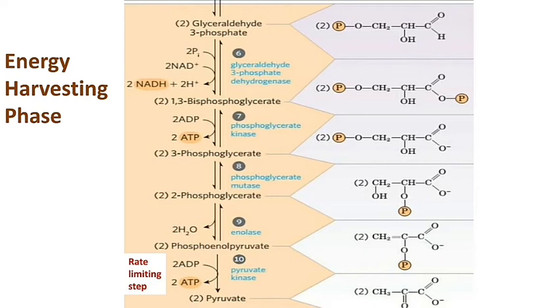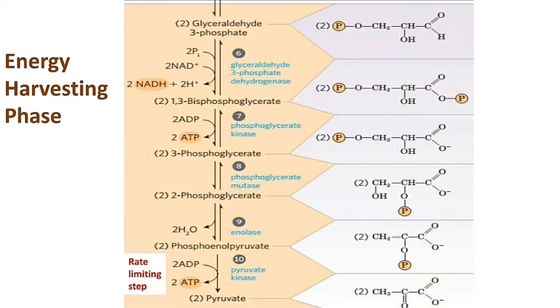As there are 2 molecules of glyceraldehyde 3-phosphate, there is formation of 2 molecules of 1,3-bisphosphoglycerate, and also involvement of 2 inorganic phosphate and 2 NAD plus ions, and formation of 2 NADH and 2 H plus ions.